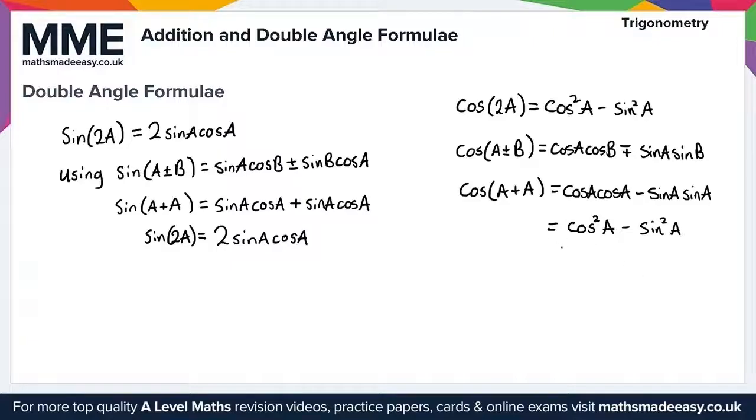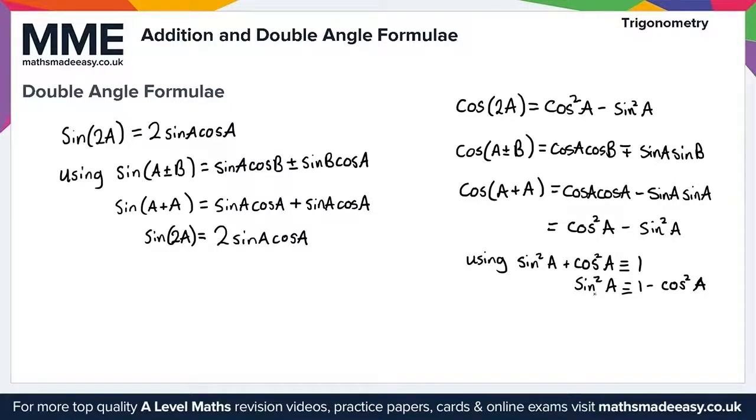Now it's worth pointing out that there are some variations we can use here, using one of the identities that we've already established: sine squared a plus cos squared a gives us 1. We can rearrange these to be in terms of sine squared a and also in terms of cos squared a, and we simply substitute those in. So rearranging, what do we obtain? Well, sine squared a is 1 minus cos squared a.